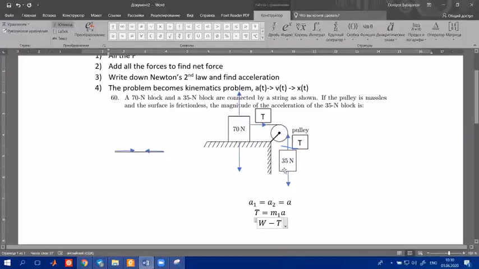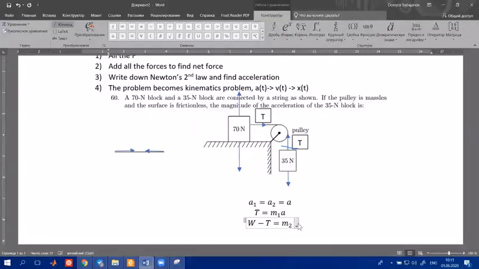Why minus? Because this body moves down, and that's why this weight force will be greater than the tension force. That's why we subtract weight minus tension in order to find the net force. This is the net force, which equals m2A.